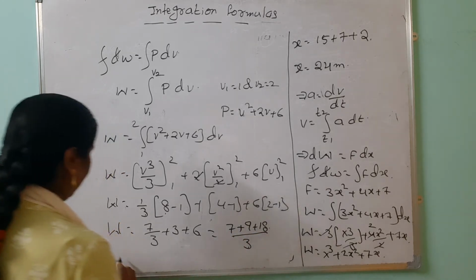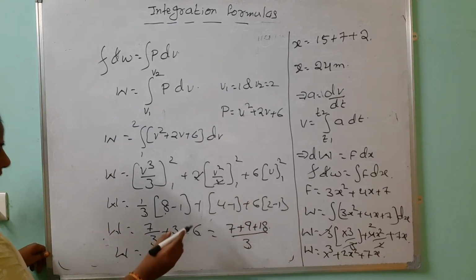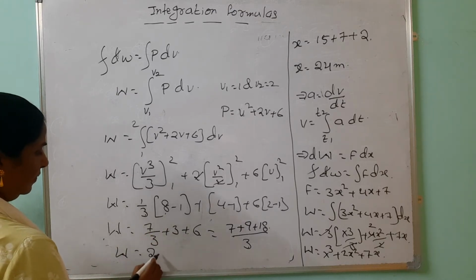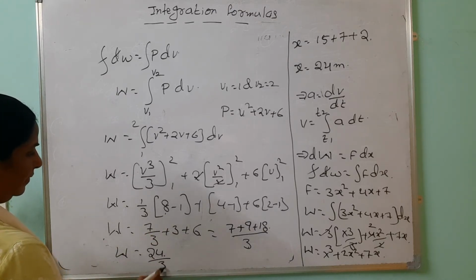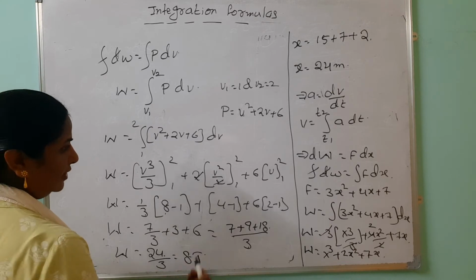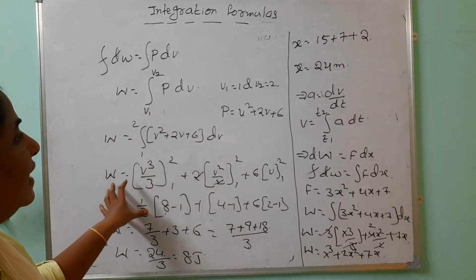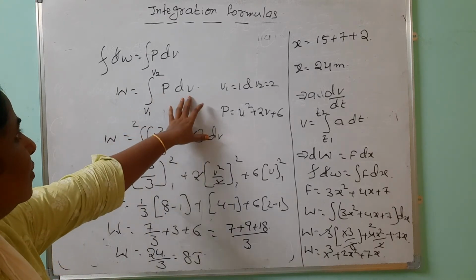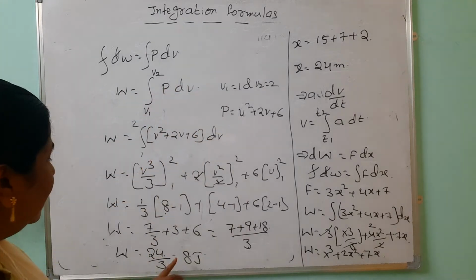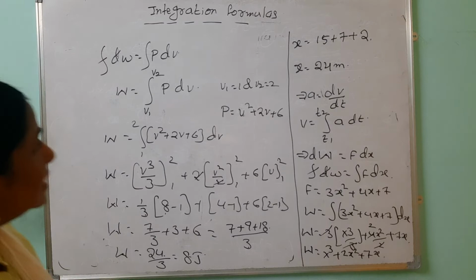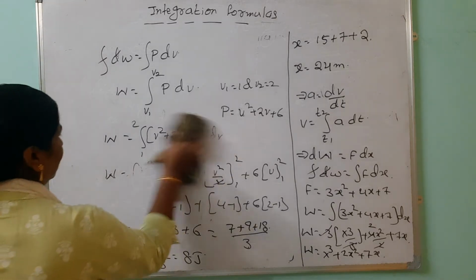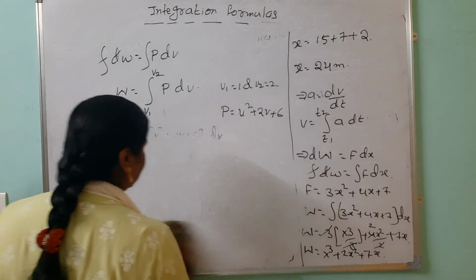Finally 15 plus 9 is 24 by 3. Answer is 8 joules. So when you know the pressure, you can do the integration with respect to volume, and then we can find the work done. Not only this case, whenever we know the concept, we can find it.